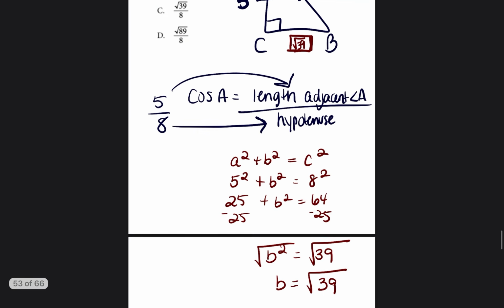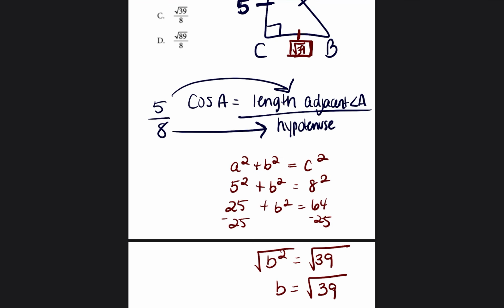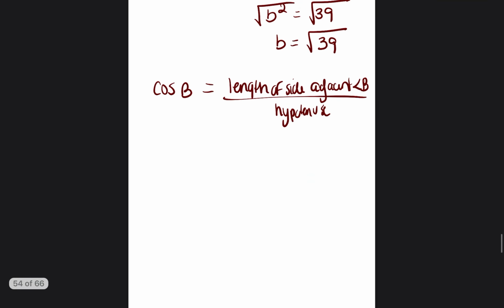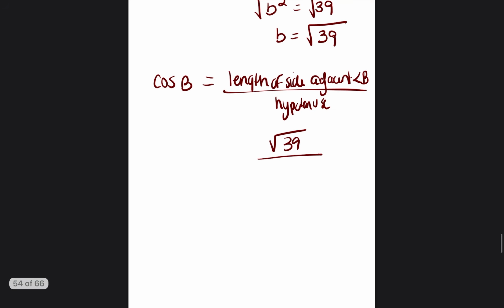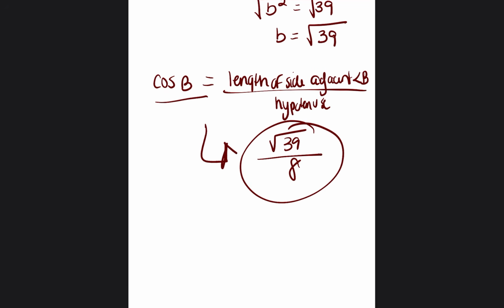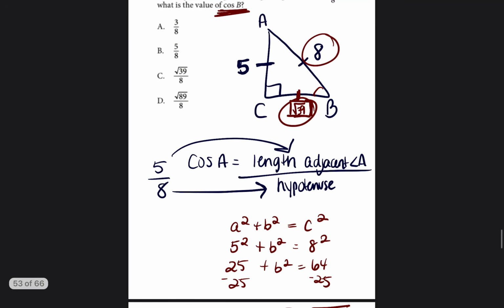So we just found the length of the side that's adjacent to angle B, which was the square root of 39, over the hypotenuse, and the hypotenuse was 8. So the answer would be cosine of B is equal to the square root of 39 over 8, and so the answer would be C.